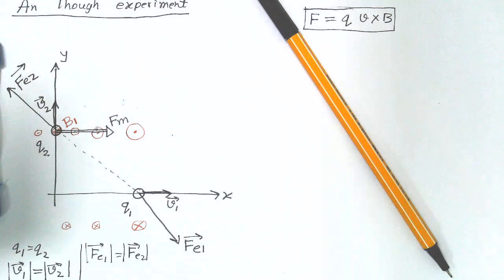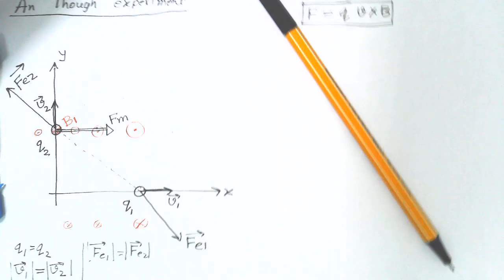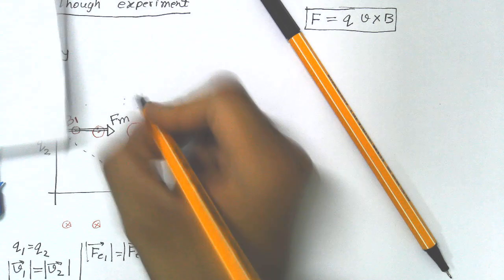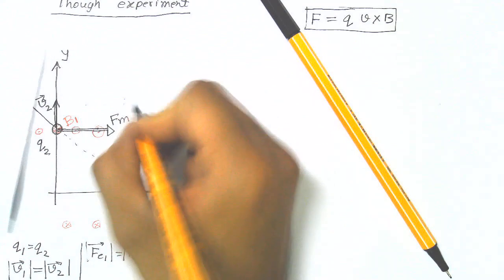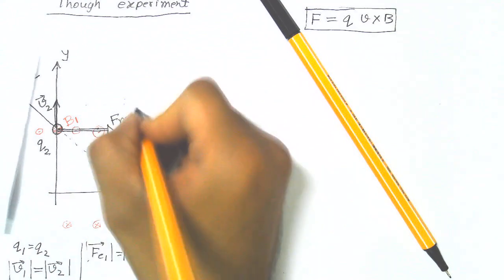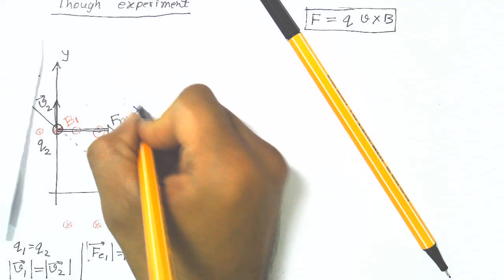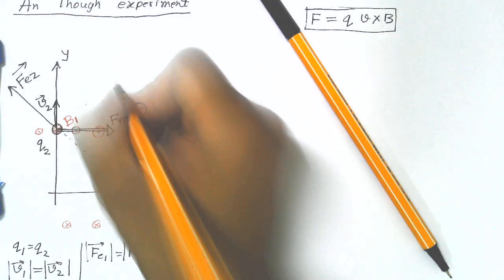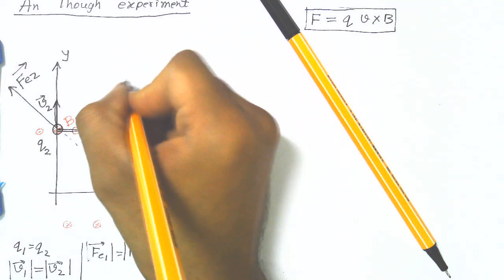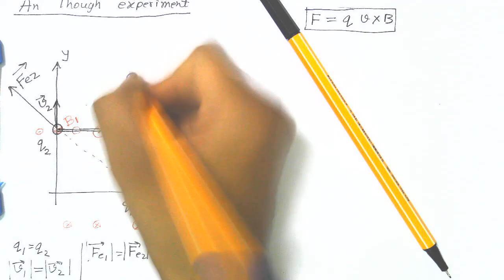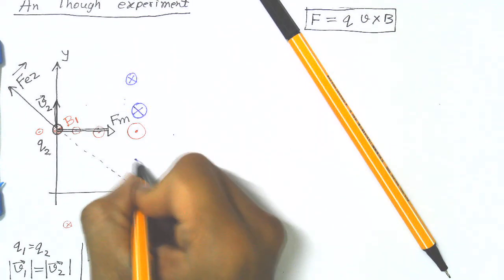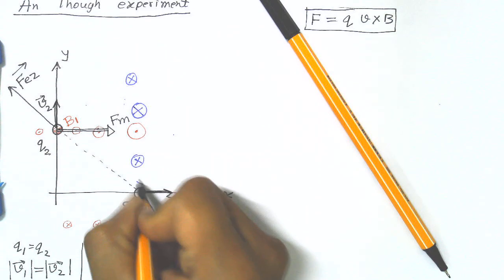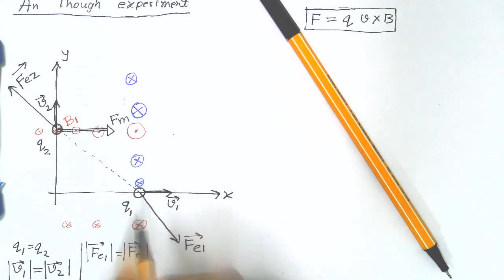So on the right side, I will have magnetic field entering the paper, here quite strong, here a bit weaker, here also a bit weaker, more weak, but it's entering the paper.